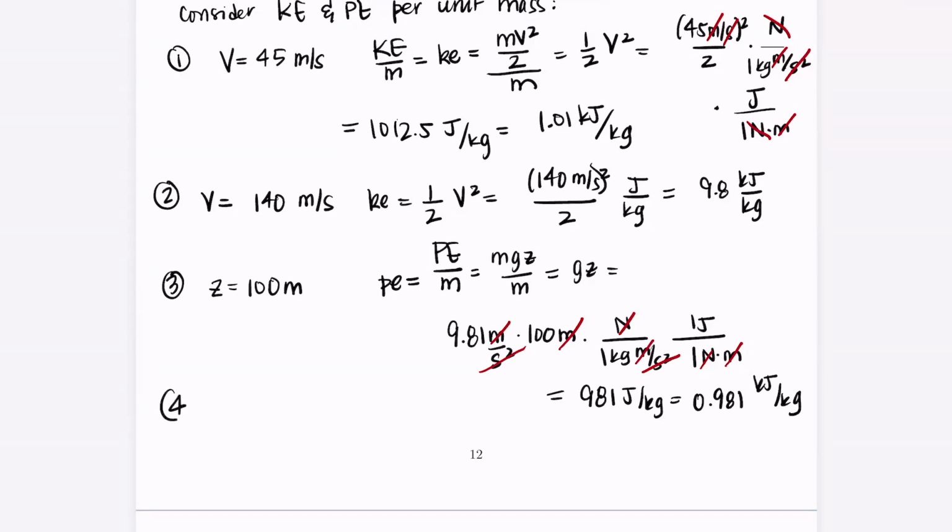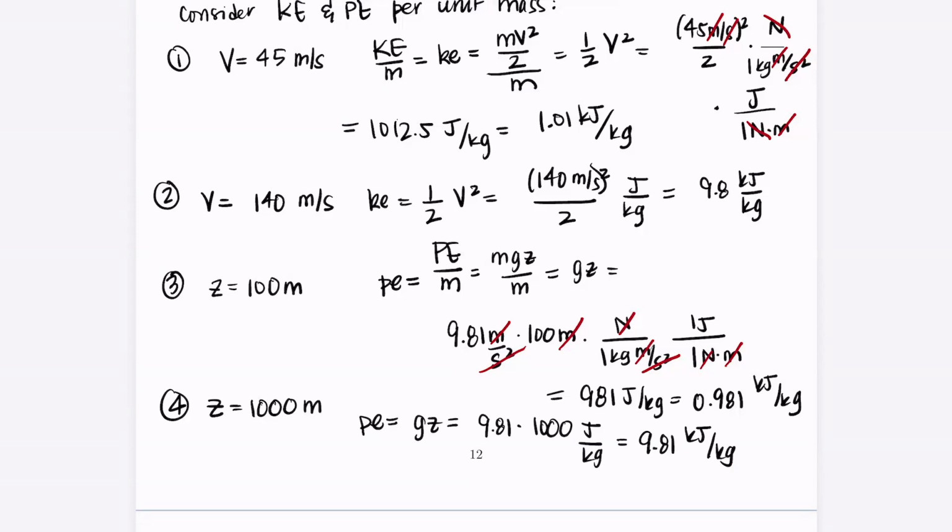And then last but not least, let's make this 10 times bigger. If Z is 1,000 meters, then our specific potential energy is g times Z, which is 9.81 times 1,000, in joules per kilogram. This gives us 9.81 kilojoules per kilogram.